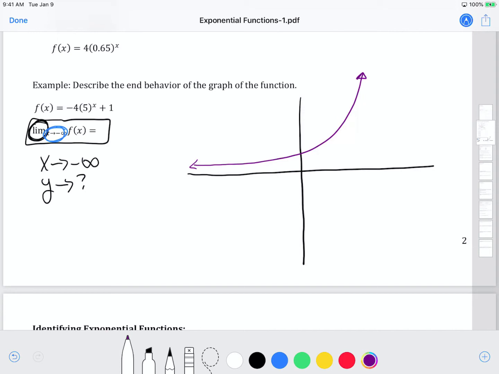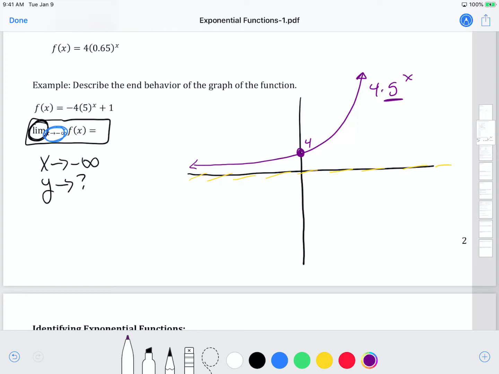Let me draw that in yellow. Here's my horizontal asymptote. It's going to be an increasing function because my b is greater than 1. That's my b is 5. It's greater than 1, so it's going to be increasing going left to right. And my y-intercept is 4, so it's going to cross here on the y-axis at 4.